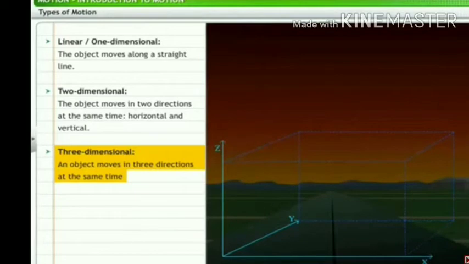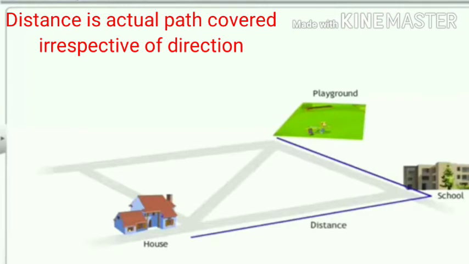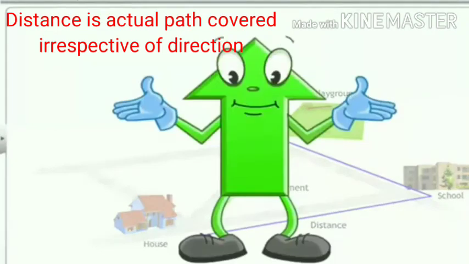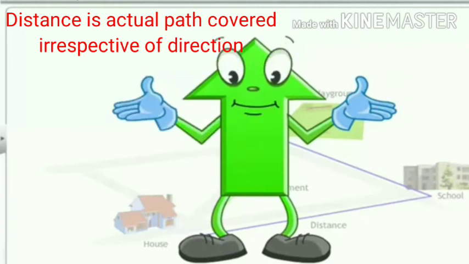In everyday language, the words distance and displacement are used in the same sense, but in physics, these two words have different meanings. If we are going from home to the school, or from the school to the playground, then it is the actual distance traveled by the person, that is home to the school and school to the playground. So it is the actual distance covered.